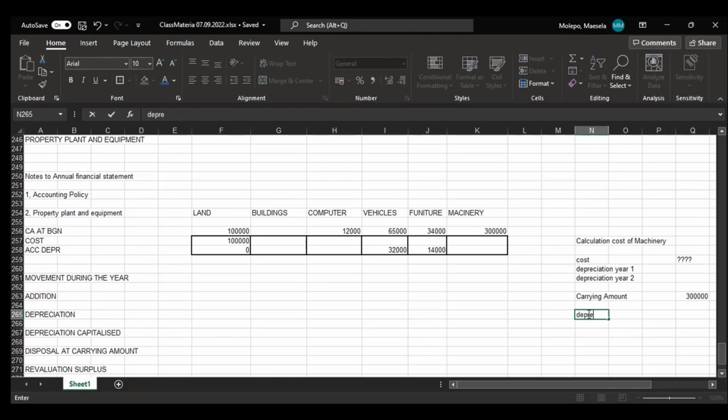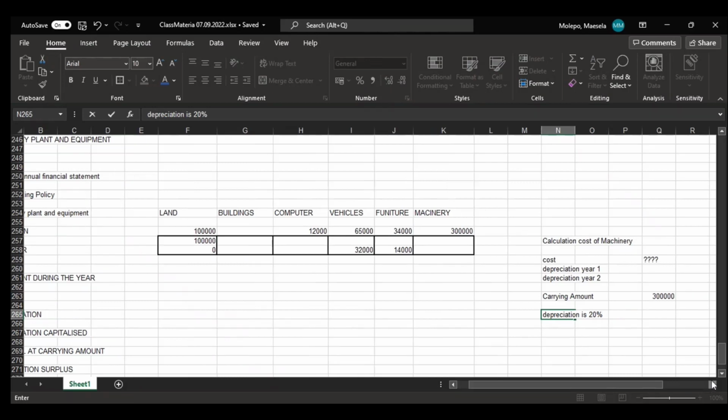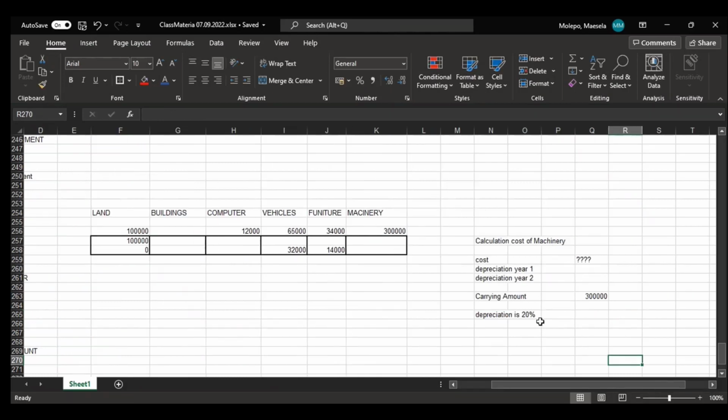And depreciation is 20%. So it means here the machine is remaining at what? Remember, the total machine should be 100%.